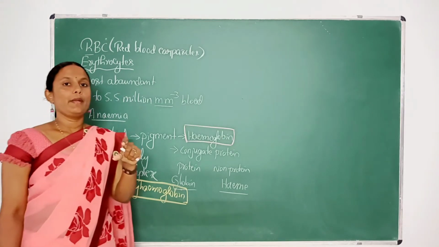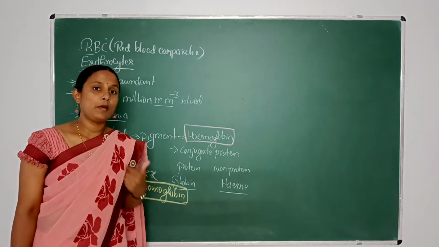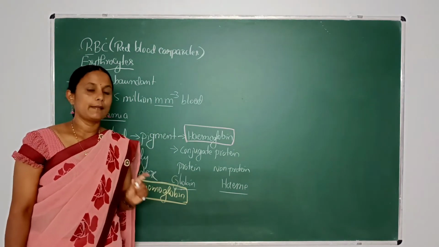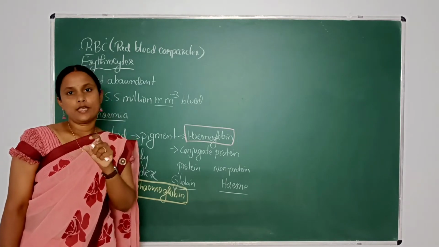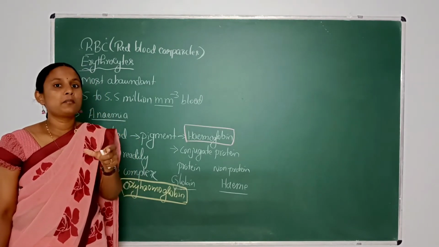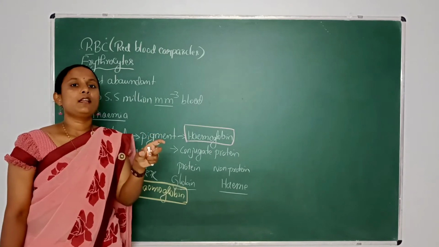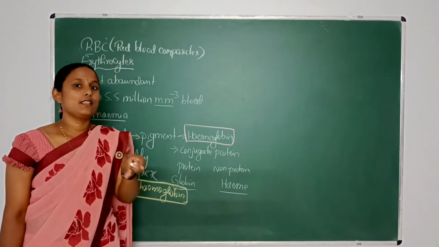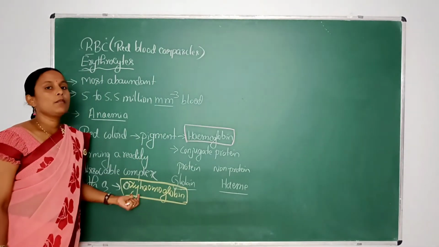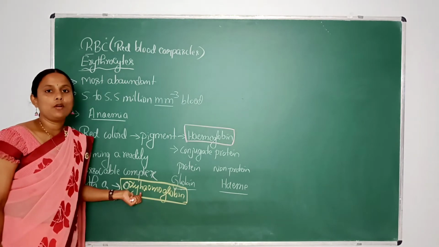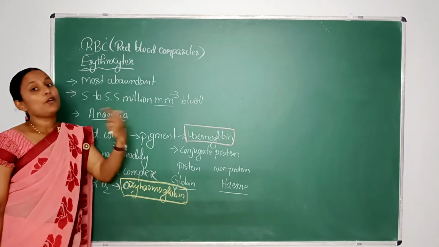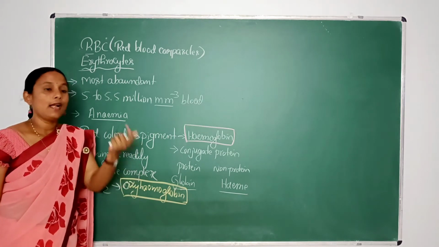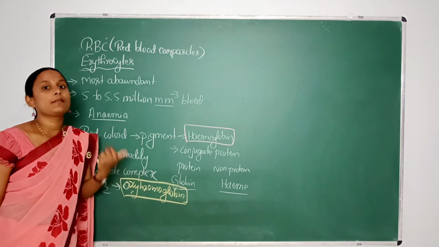Remember, any complex which is formed in our body related to blood must be readily dissociable. They should not be firm. With the change in the environment, they should change. If it were a non-dissociable complex, then it could not release the oxygen to tissue and it could not take the carbon dioxide from the tissue.